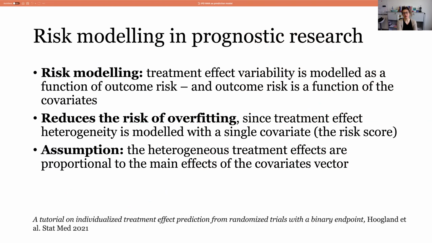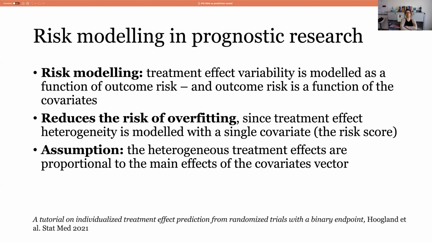And we will take advantage of the fact that prognostic research has a lot of established methodology, and we will follow standard guidance. What I presented to you in stage 1 and stage 2 is known as risk modeling, as opposed to effect modeling, where the treatment effect variability is modeled as a function of outcome risk, and the outcome risk in the first stage is modeled as a function of covariates.